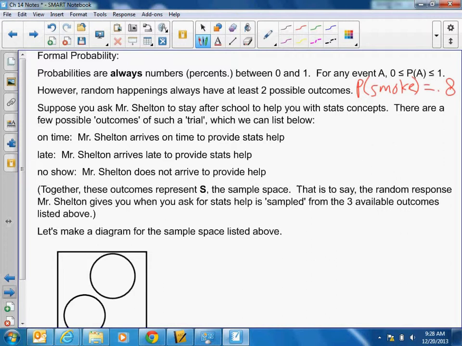Or am I late? That is to say, am I on time, am I late, or am I a no-show? Those are the only possibilities here. Those three red underlined events represent the sample space of possibilities in this trial where I'm showing up or not showing up to help you after school. S, capital S, generally is our abbreviation for sample space.